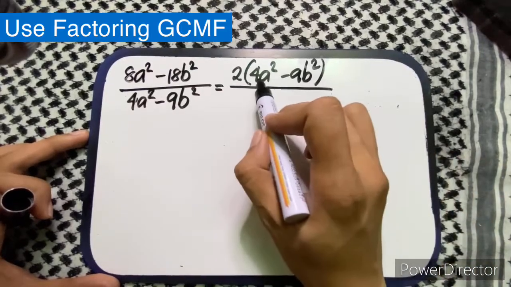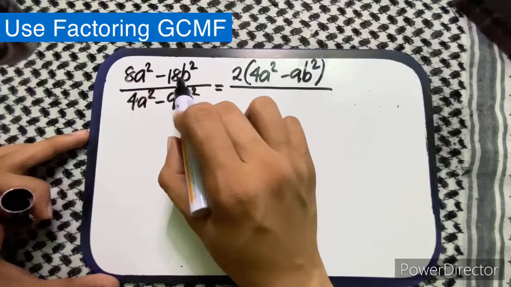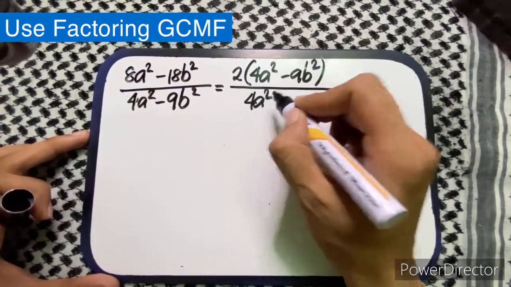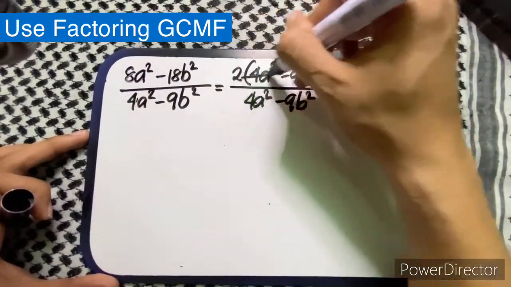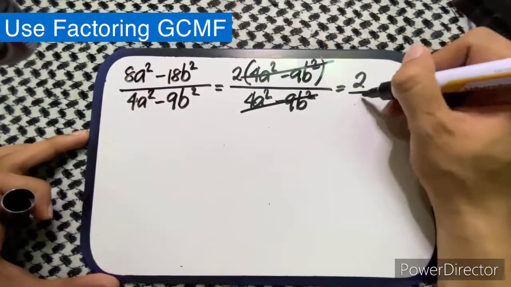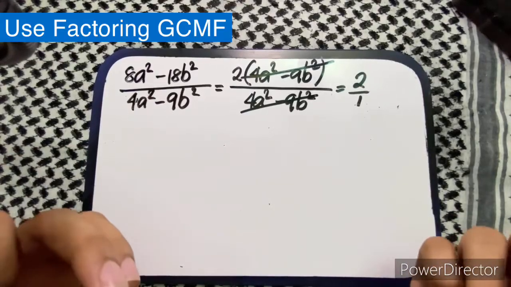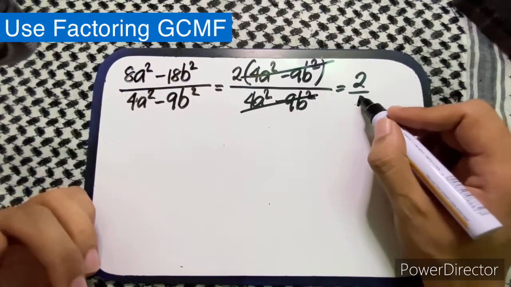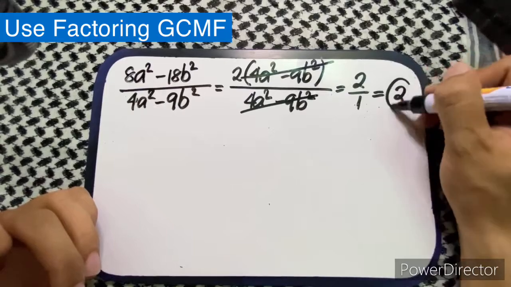Because 2 times 4a squared is 8a squared, and 2 times 9b squared is 18b squared. So copy 4a squared minus 9b squared in the denominator. The common factor is this one. The answer is 2 over 1. If all the polynomials are cancelled out, there's 1 there. So 2 over 1, or the simplified form is 2.